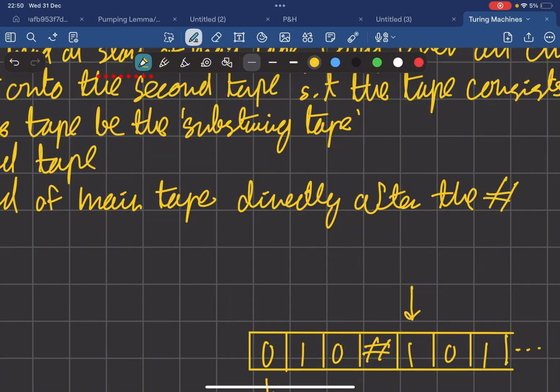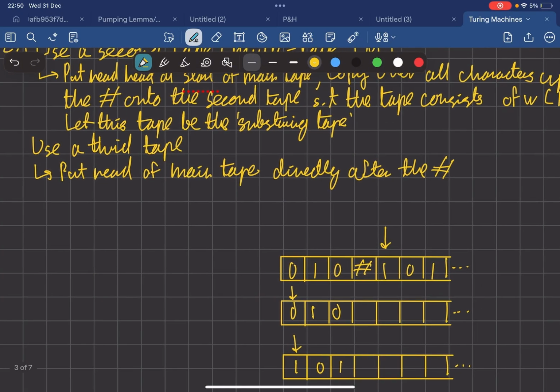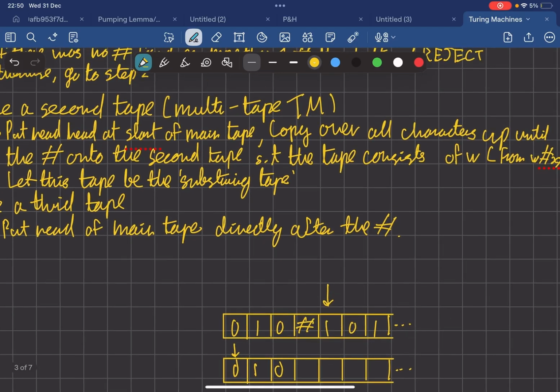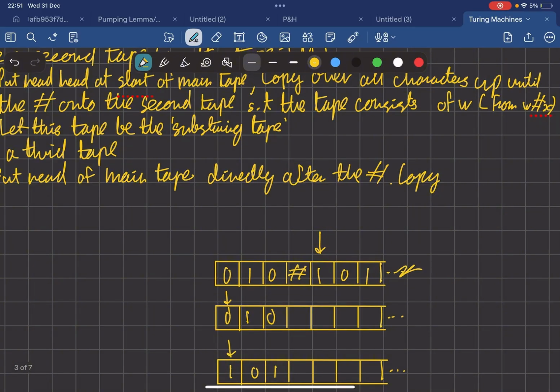And then we keep copying over string and characters as before, but onto the third tape now. And what do we copy until? We copy until we see a blank.